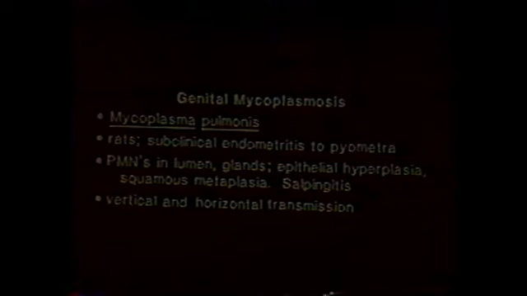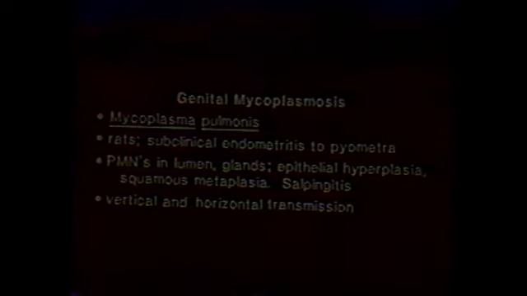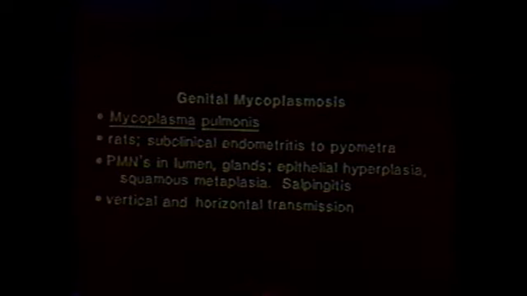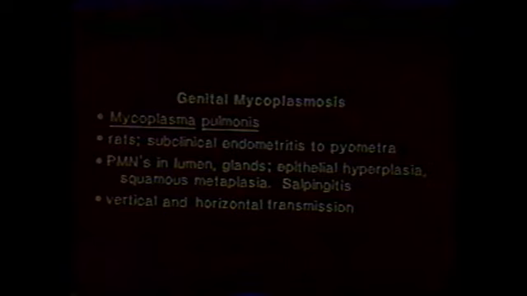Not of concern to you if you're buying your rats, but some of you may wind up working in production facilities someday, and that may be a problem. You diagnose Mycoplasma pulmonis or genital mycoplasmosis in your colony, and you're going to have a problem because there could be vertical transmission of this disease.